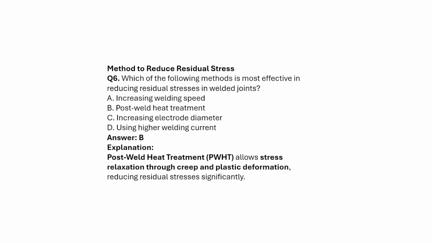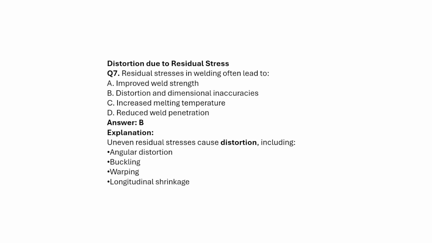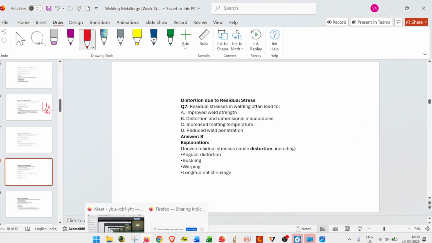Which of the following methods is most effective in reducing the residual stresses in a weld joint? Increasing the weld speed, no post weld treatment, increasing the electrode diameter, using a higher weld current. The answer will be post weld heat treatment. If we increase the temperature, readjustment of the microstructure will take place, which will reduce the stresses. Next, distortion due to residual stresses.